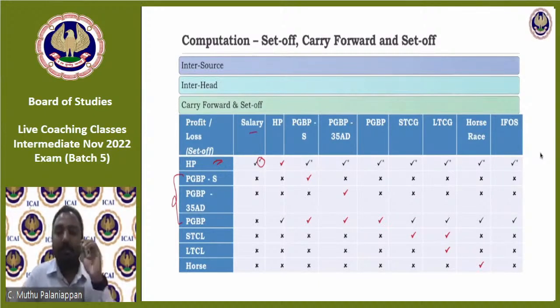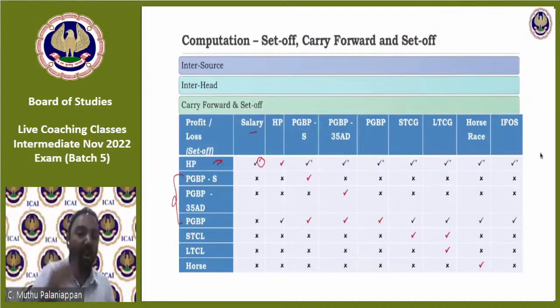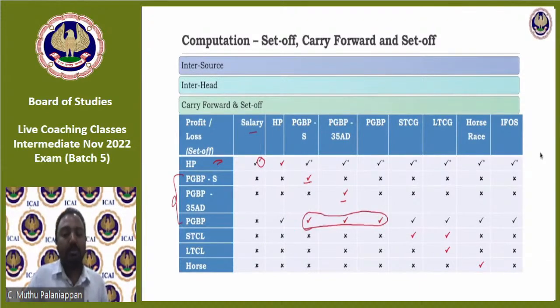So that business, you have certain deductions, like your 100% of capital investment is exempt. So you have certain things in 35AD. So that is another business. And then you have a regular ordinary PGBP business. So if it's a speculative business, you can adjust it only with speculative. If it's a 35AD, you can only adjust with 35AD. But if it's a regular business, you can adjust with all these 3, right? So all these 3. So that's what it is about.